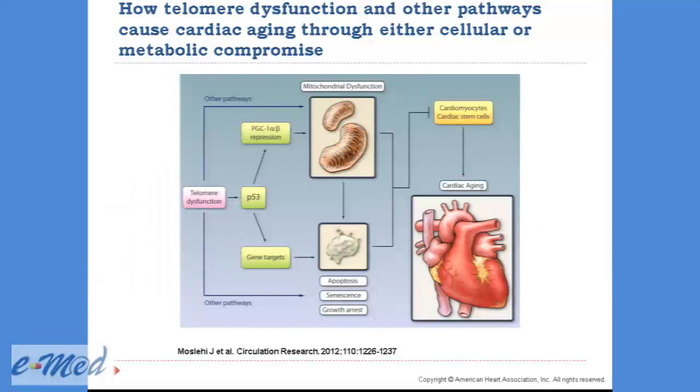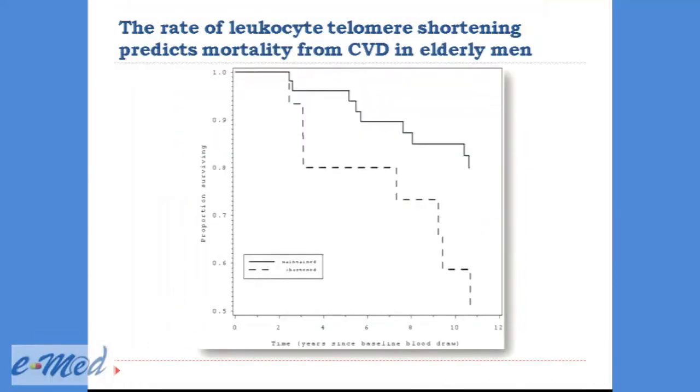Therefore, we know that telomere shortening and resulting telomere dysfunction will cause cardiac aging through different mechanisms, but they are one of the causes, and we think that we may regard cardiotoxicity of chemotherapy as part of the general response of premature aging.